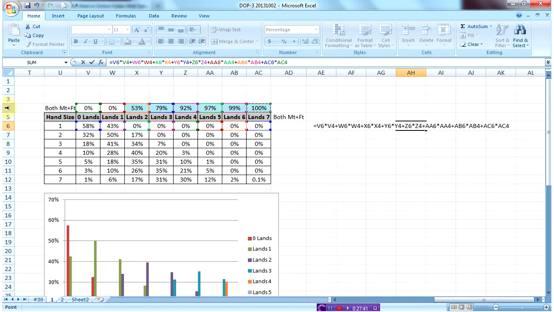But all these that are in row 4, we need that not to move. Oops, erased my 4. When we drag it down, I need a $ sign in front of all those references to row 4.